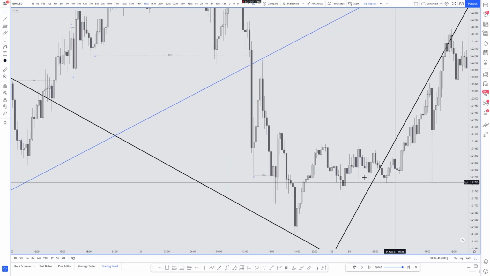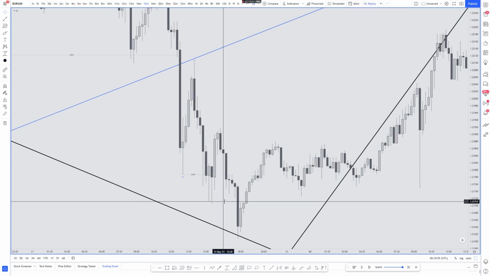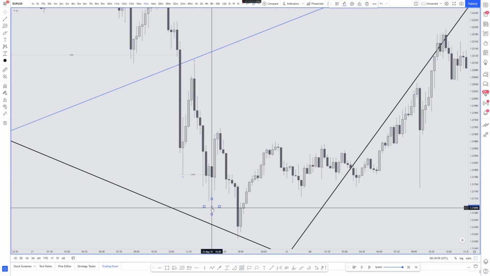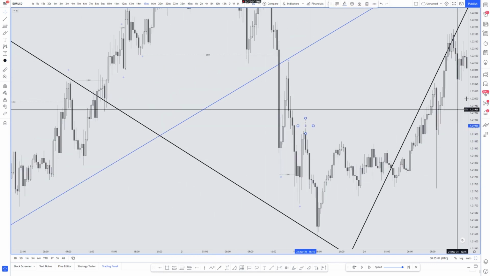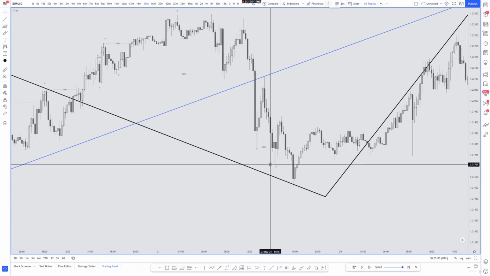So if we zoom in here, this wick did actually get taken. So this is actually new structure. We did get enough of a pullback here. And this is one of those prime examples of sometimes you get too much structure.